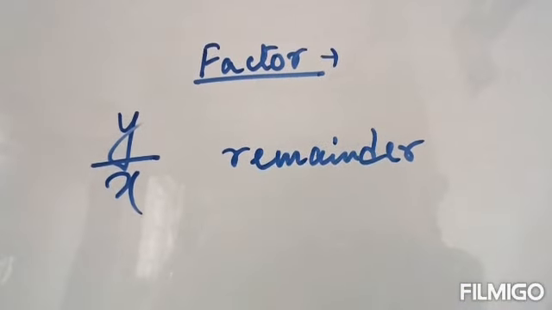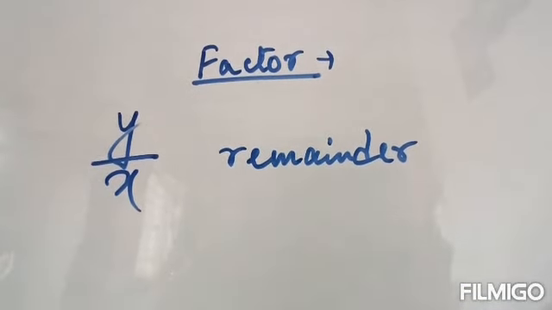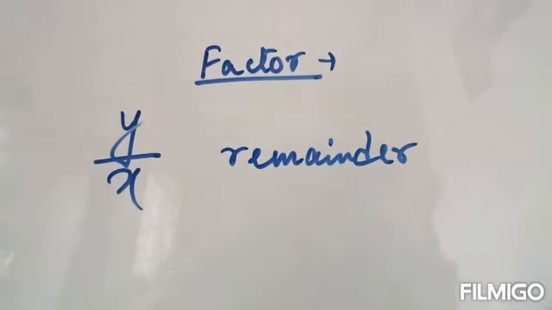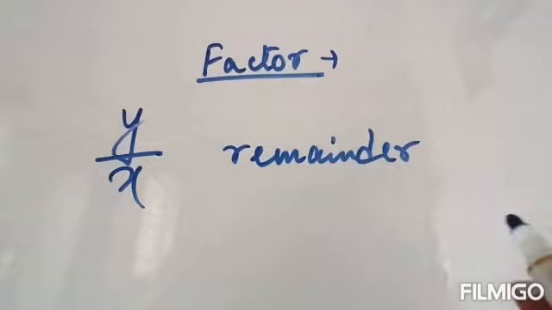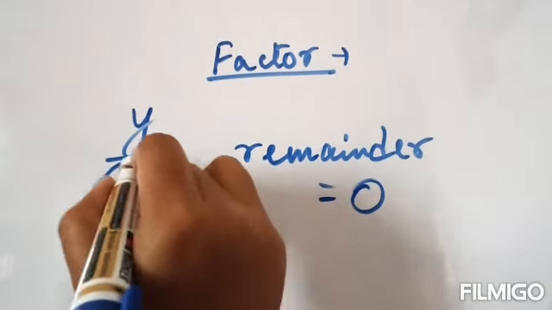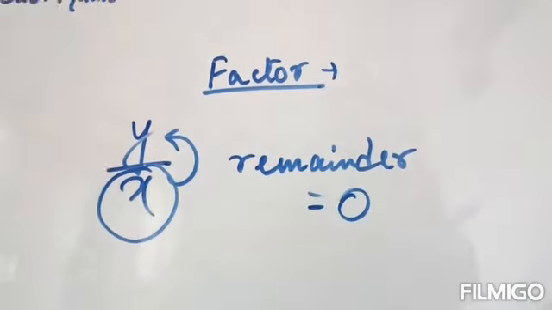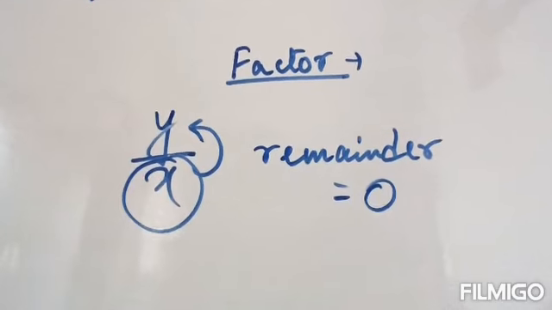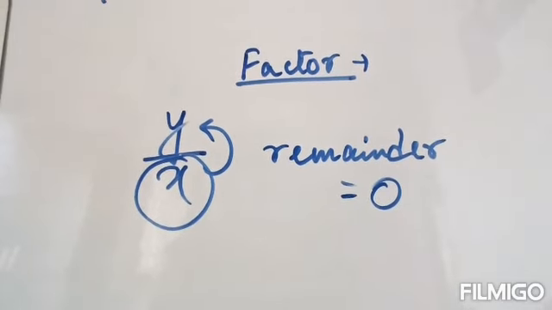Even if I get remainder 0, or if I don't get remainder 0, I'll get some amount of quotient. But if I get remainder 0, then I'll say x is a factor of y. Correct?